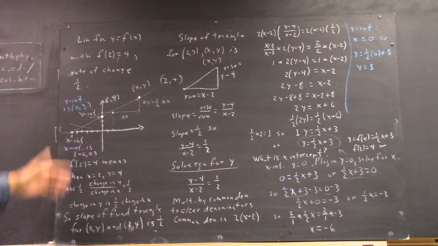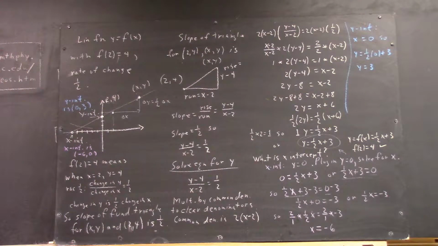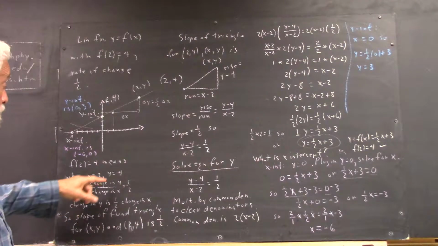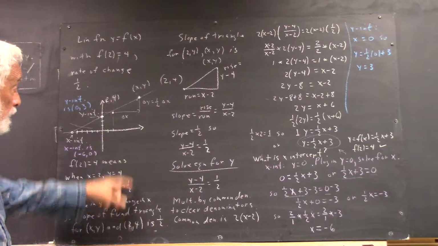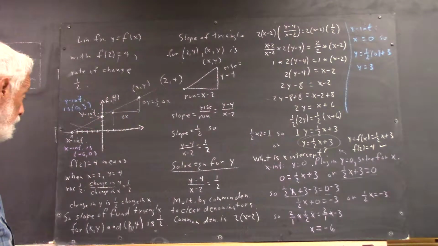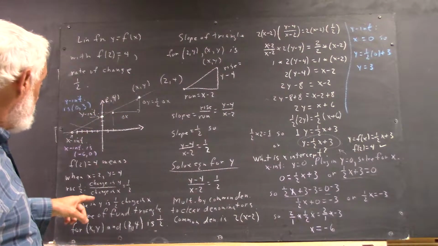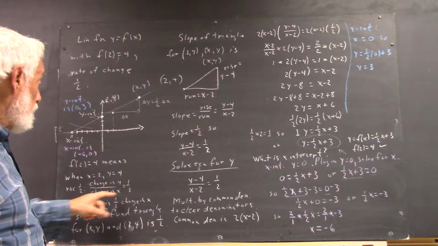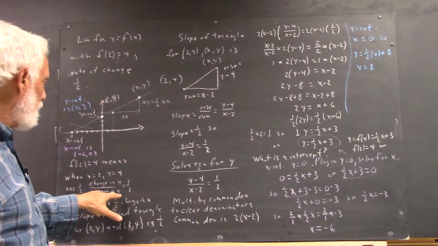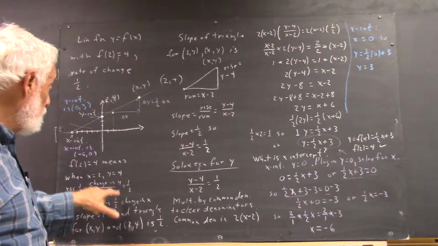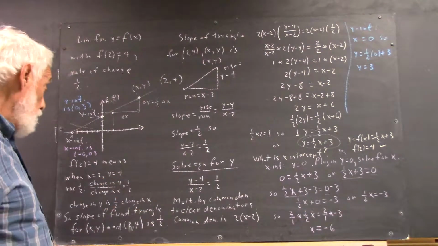Well, I'm going to approach it this way. Rate of change 1/2 means the change in y divided by the change in x is 1/2. Totally equivalent to what I just said here. This means then, if the change in y divided by the change in x is 1/2, then if I multiply both sides by change in x, I get change in y equals 1/2 times change in x.